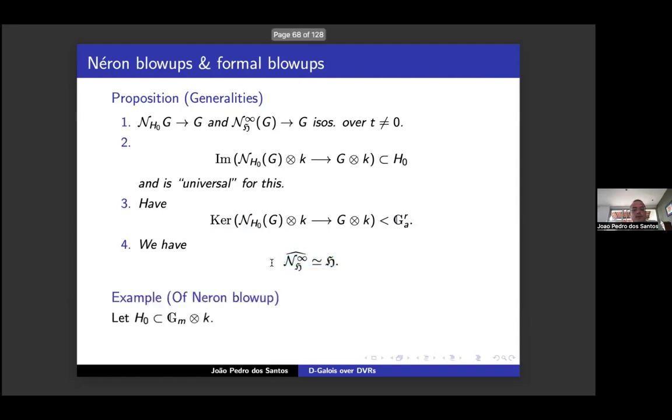So let me give you an example. You take G_m and you take H naught, the identity here. So I blow up the identity of the special fiber. Once you blow up the identity on the special fiber, the generic fiber doesn't change. So here's the generic fiber, it won't change.